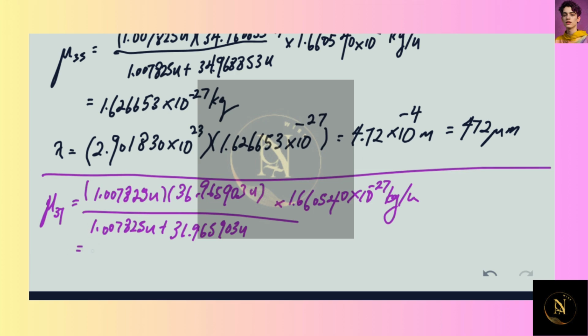For this, the reduced mass is 1.629118. With this, we can find the wavelength to be 473 micrometers, very, very close to our previous answer.